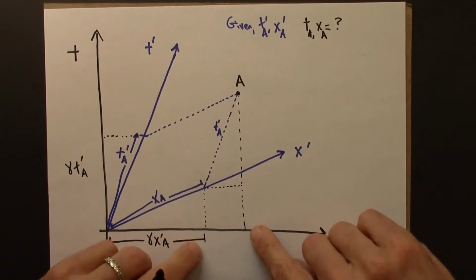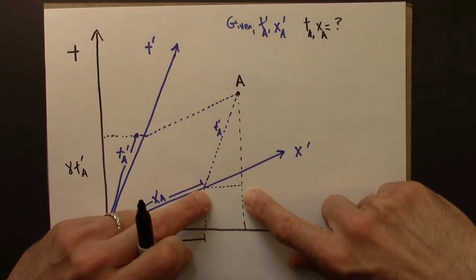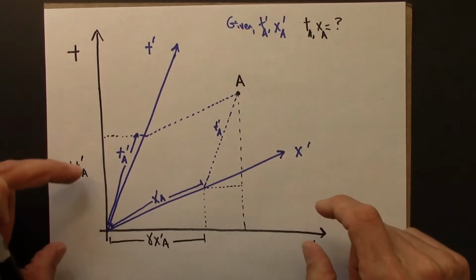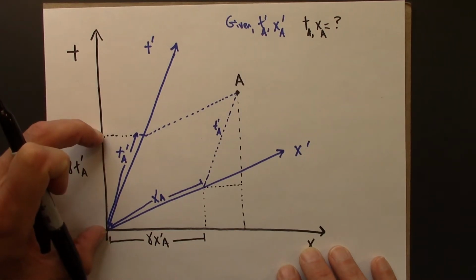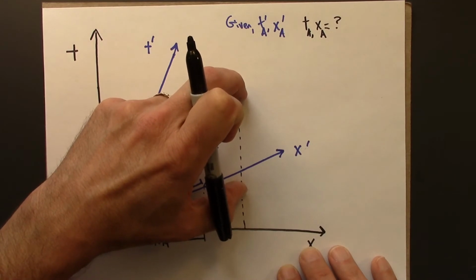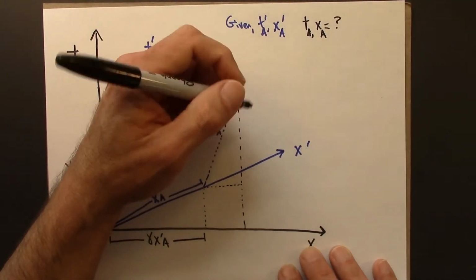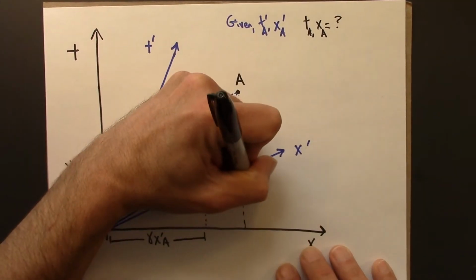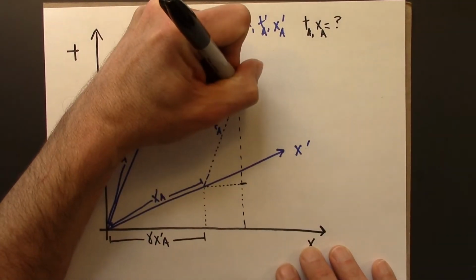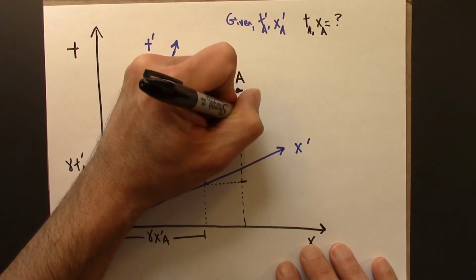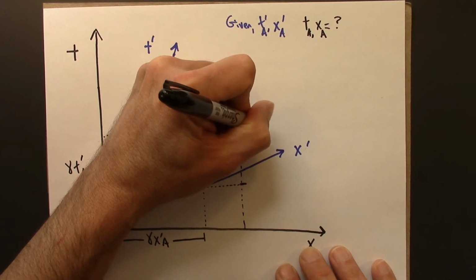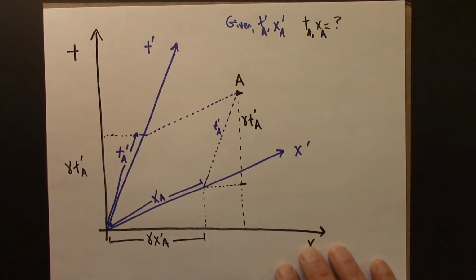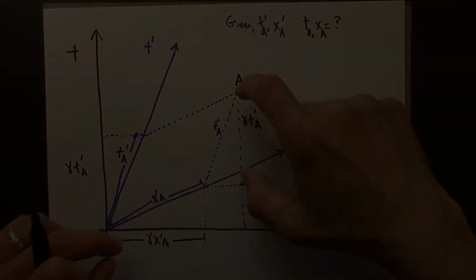All right, so this distance is the same as that distance. And let's see, what do we know? Well, we know this distance is going to be the same as that distance, right, measured in the x frame. So this here, I'll draw it like that, maybe this is going to be gamma t prime A. So, but I don't want this side, I want that side.